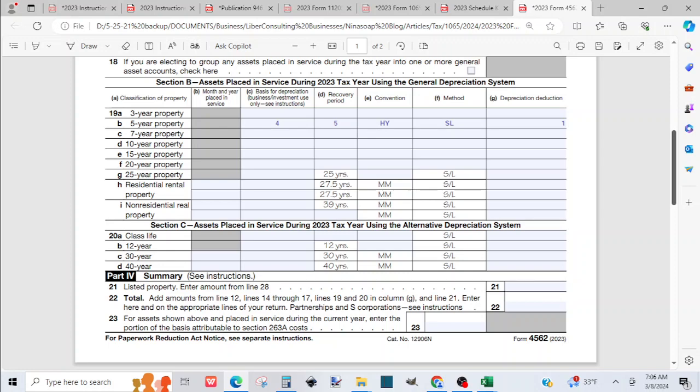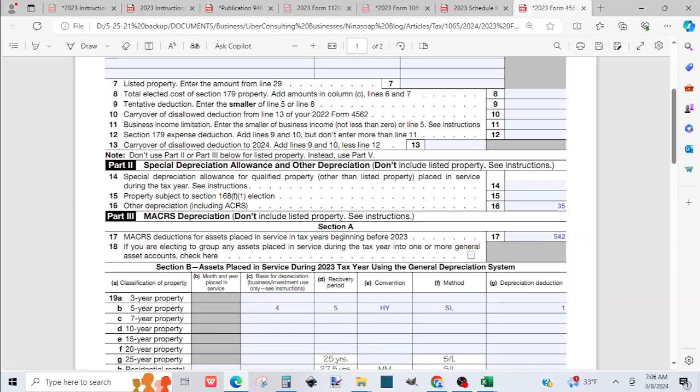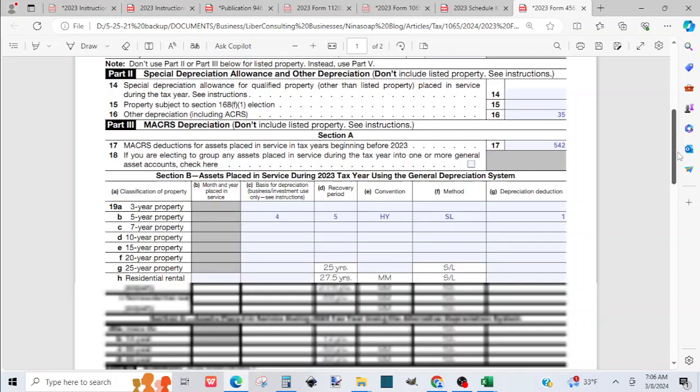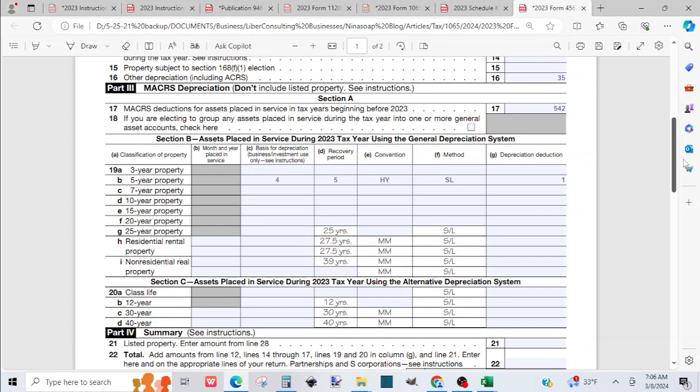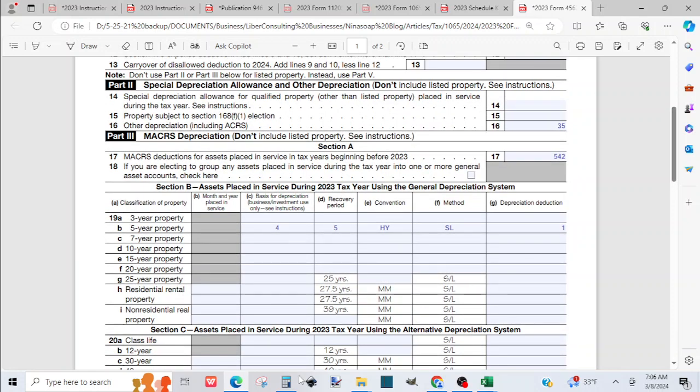Oh, okay, line 14 through 17. That makes sense. Line 14 through 17 for special depreciation, we'll take our star software and this one, and then line 19 and 20. Okay, so now that we know what we need to sum, we'll take our calculator.